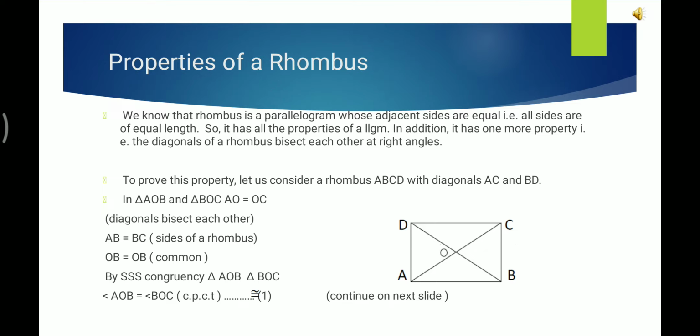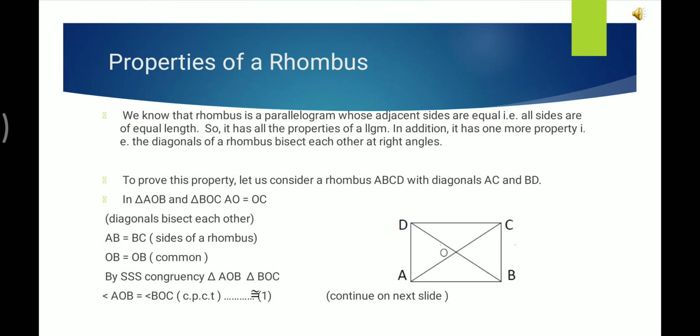So let us focus on triangle AOB and triangle BOC in the figure. After focusing on these two triangles, we find that AO is equal to OC because diagonals bisect each other in rhombus. Number second, AB is equal to BC.